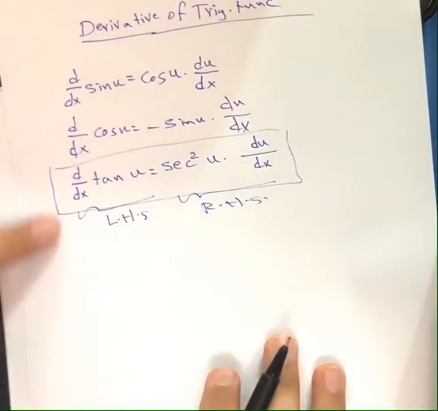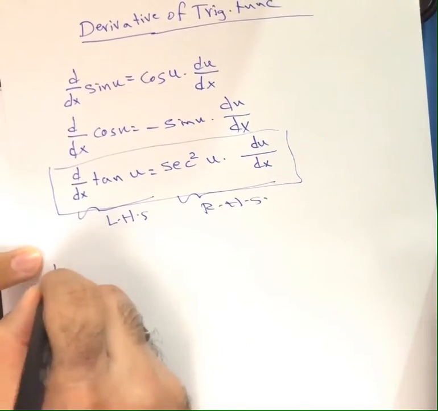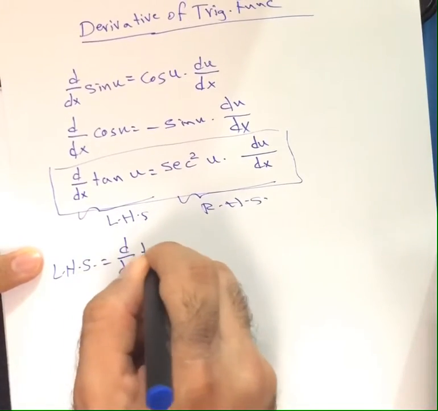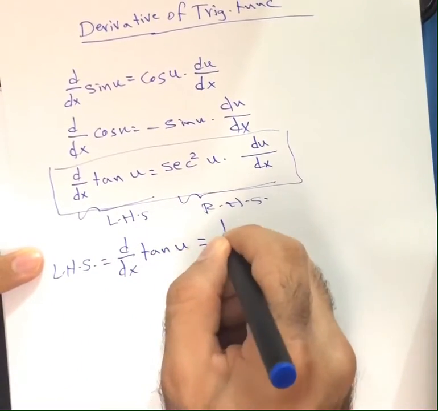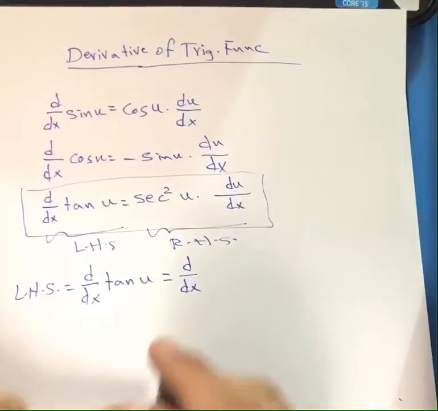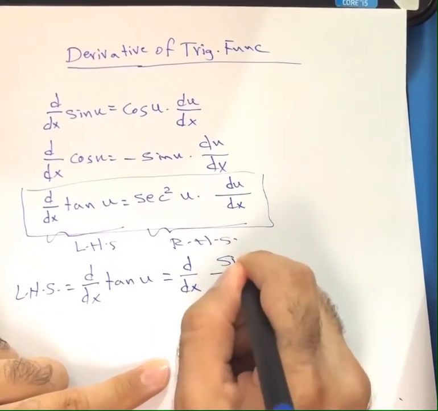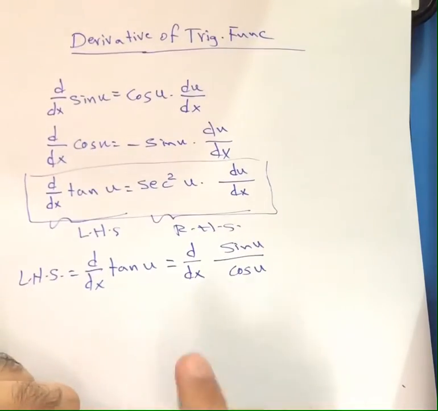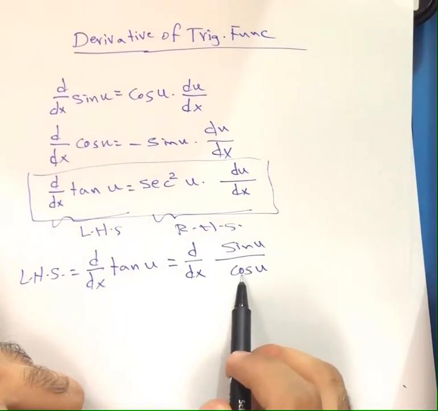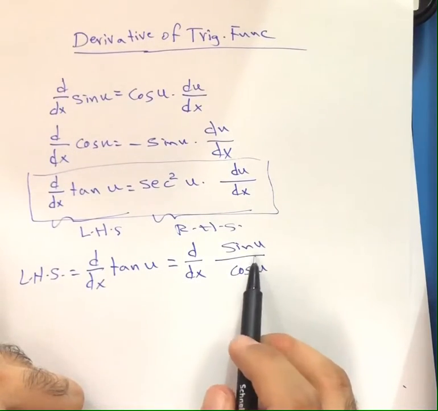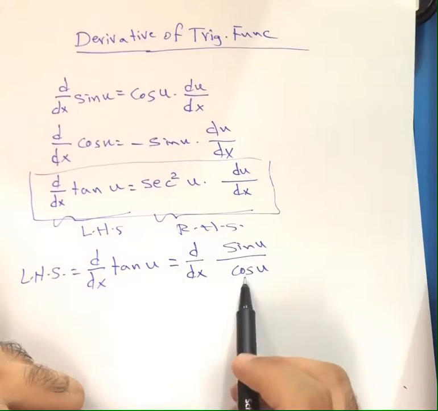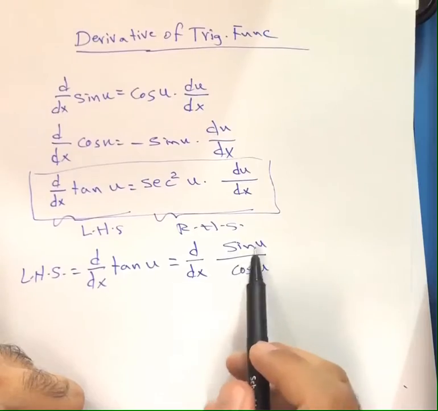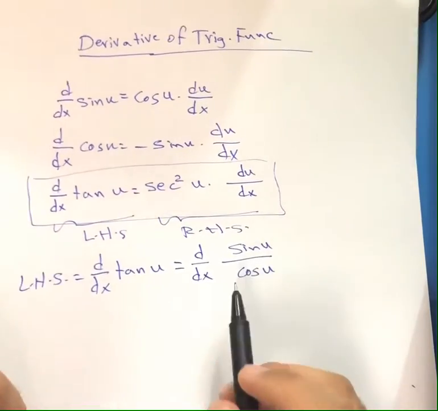We start by writing the left hand side, which is d by dx for tan u. We know that tan can be written like this, sine u divided by cosine u. After that, we can find the derivative of sine divided by cosine, because this is nothing but a function divided by a function, and we know from the first lecture the law for the division form.